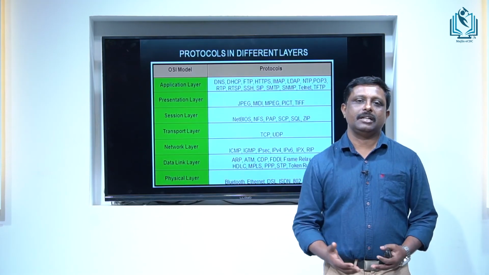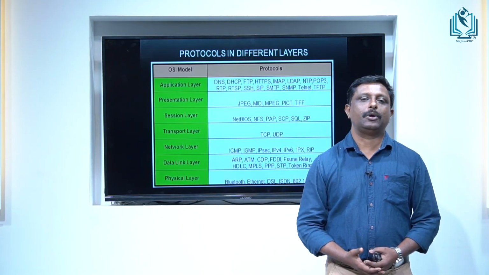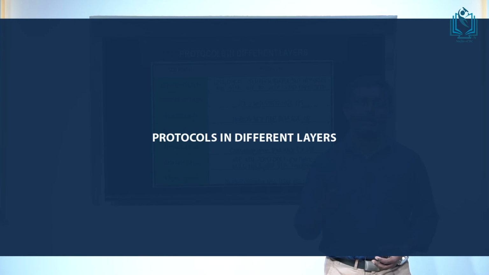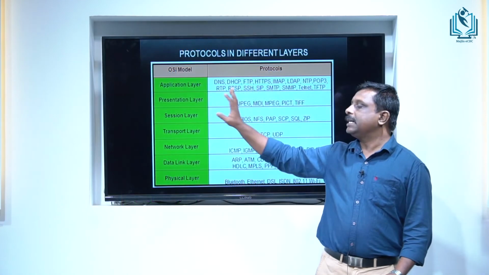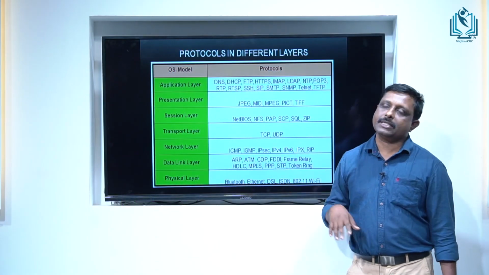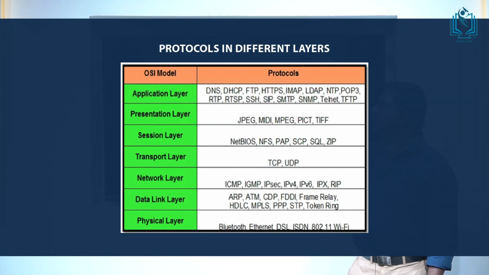The next one is the different protocols used in the different layers. In the application layer, the mainly used protocols are DNS, DHCP, FTP, HTTPS, SMTP, SNMP, etc. In the presentation layer, compression formats are used, such as JPG, MPEG, etc. In the session layer, NFS, PAP, SCP protocols are used.